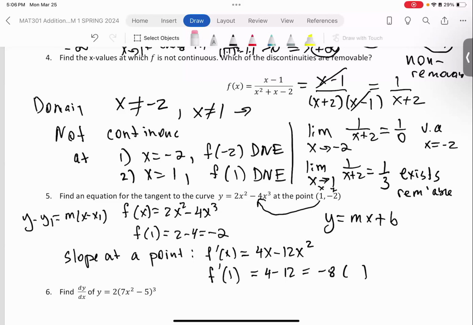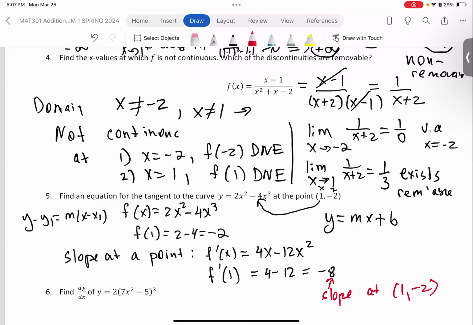Let me just erase this so it's not multiplication. Let me just label it. This is the slope at that point. Notice we didn't need to know y to find the slope because the slope is only dependent on x, because it's a function. If it was an implicit equation, then we'd need both x and y. But since it's a function, we just need an x.